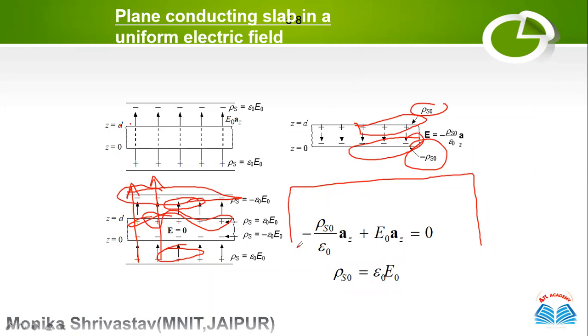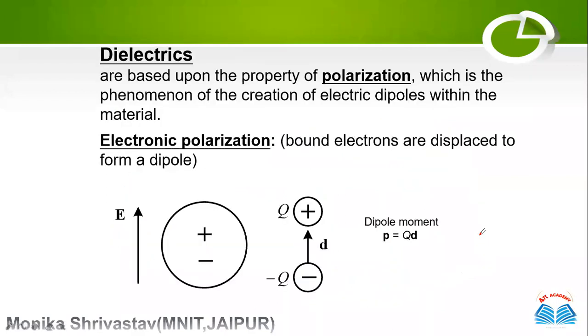Okay. So these two formulas we will consider, and how we will make use of them, I will tell you. We have talked about semiconductors, then conductors, and now we are coming to dielectrics. So what are dielectrics? Dielectrics are not conductors. They are insulators, but when they get polarized, then they can behave as conductors.